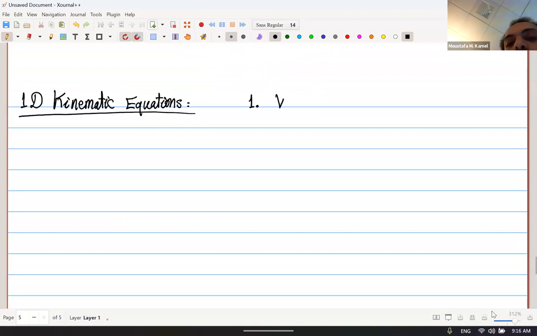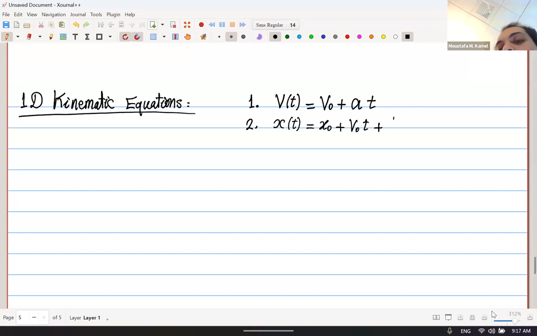One: v of t is equal to v initial plus acceleration times time. 2: x of t is x naught plus v naught t plus half a t squared.